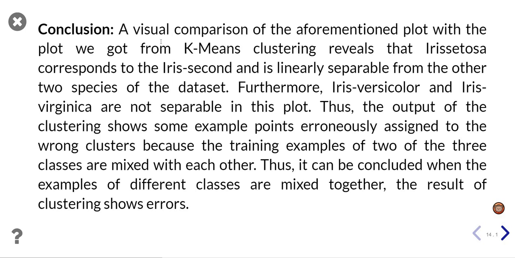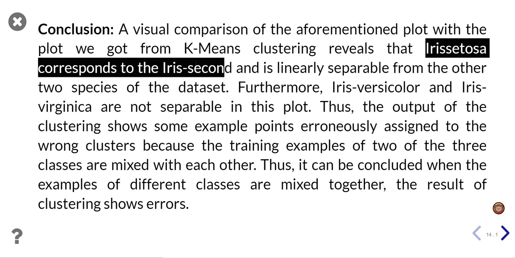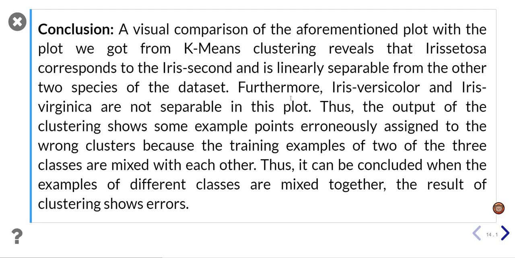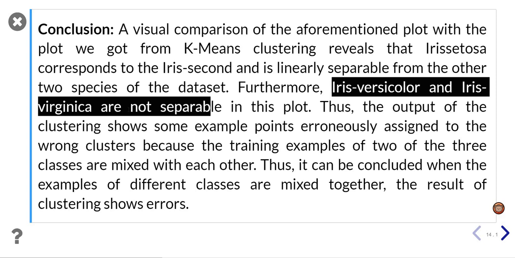So what is the conclusion for the K-means? From the K-means clustering, we can reveal that iris setosa corresponds to the iris second, and of course it's linearly separable from the other two species of the data set. On top of that, you can also note that versicolor and virginica are not that separable in this plot. They are quite close.